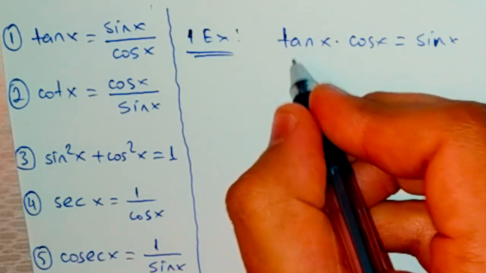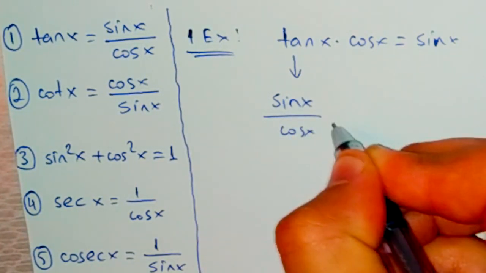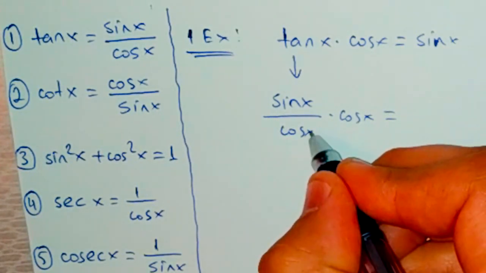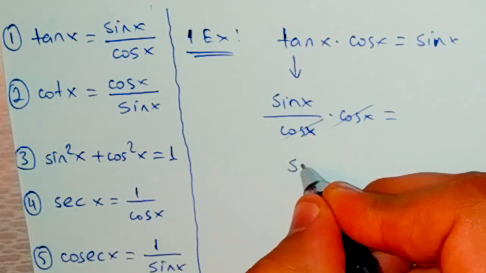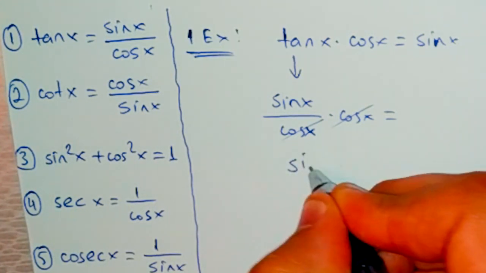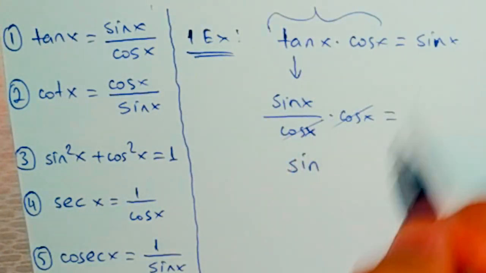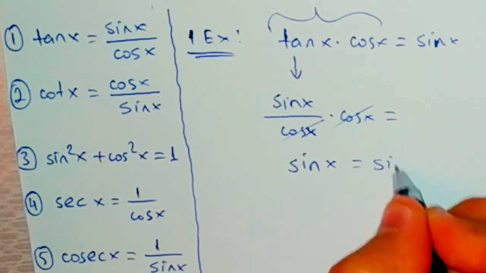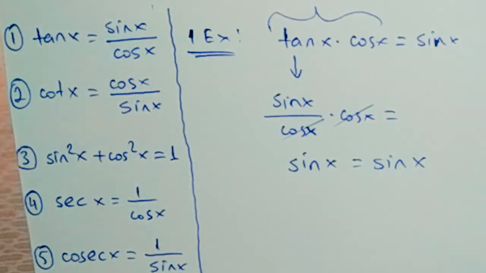So sine x over cosine x multiplied by cosine x is equal to, here we make cancellation, and on the left side we get sine x. So this expression is equal to sine x. We have verified this trigonometric identity.